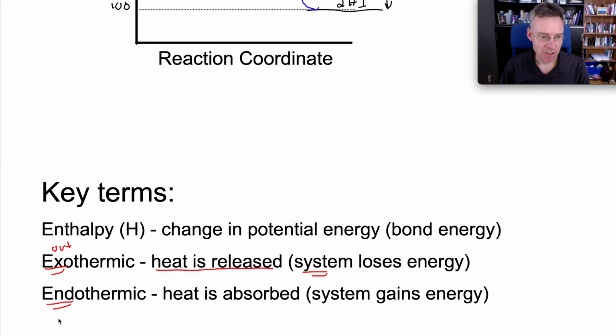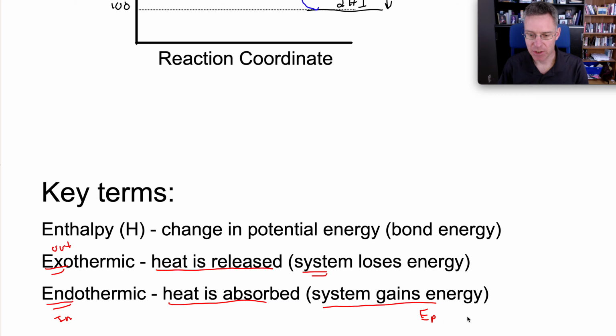Endothermic reactions are when energy is put in and stored as extra potential energy in the products. This is when heat is absorbed and the system has gained energy. Now you might think it's gained energy to be hotter, but no, it's gained potential energy.